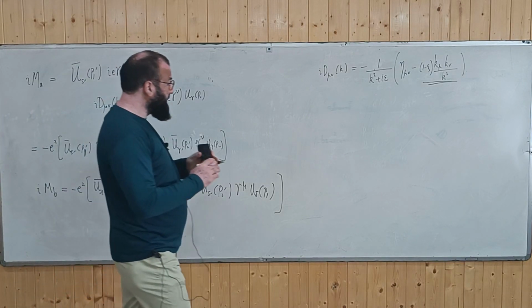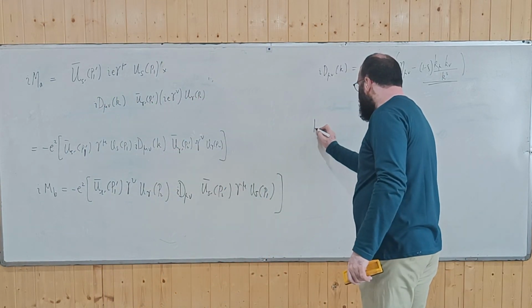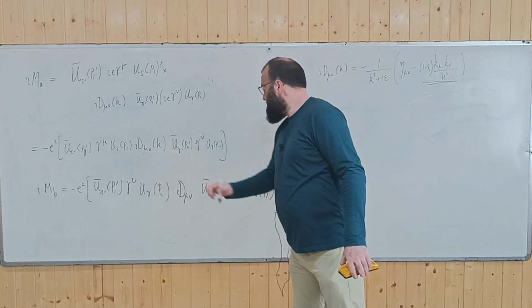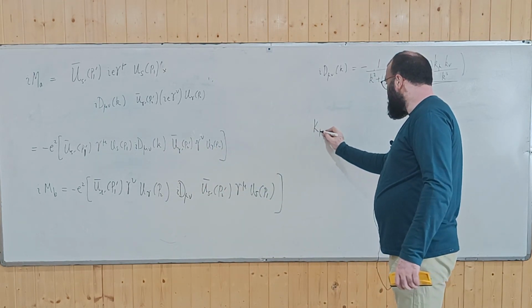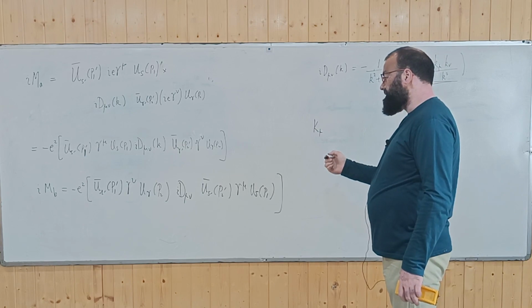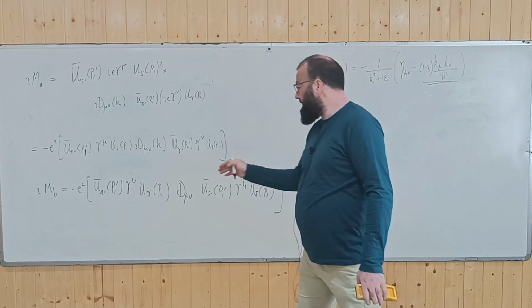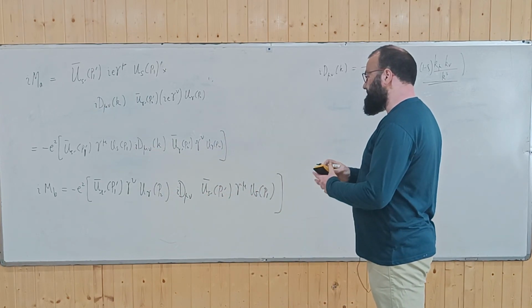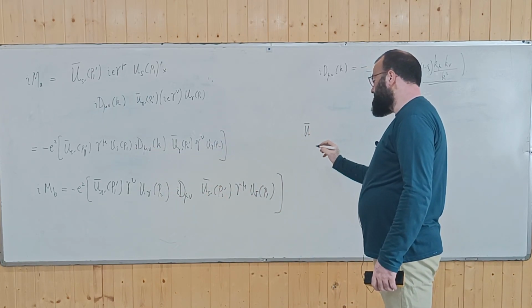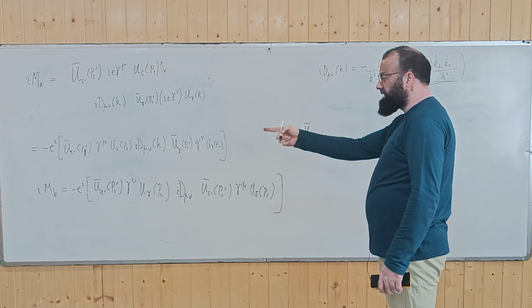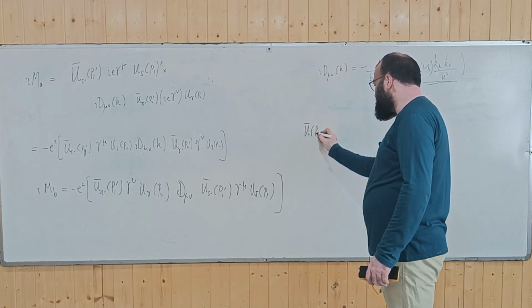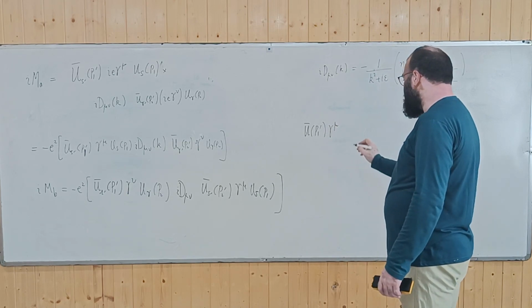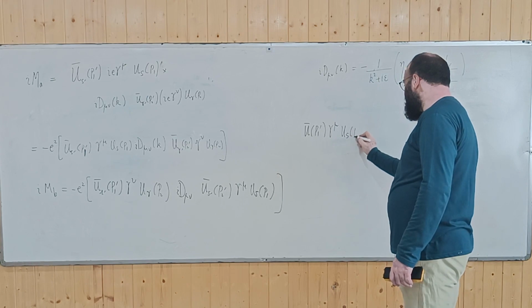So let me take this object, k mu, and write on what side this k mu acts. So you are having this very object at hand: u bar s, forget about these spin variables, so it's something p1 prime, then you are having this gamma mu, then u s p1.